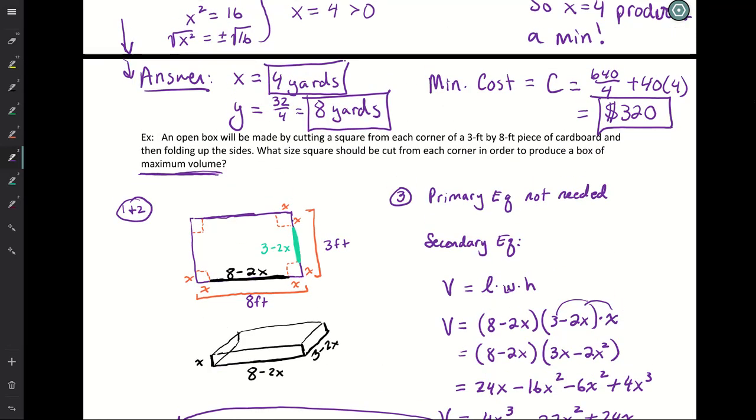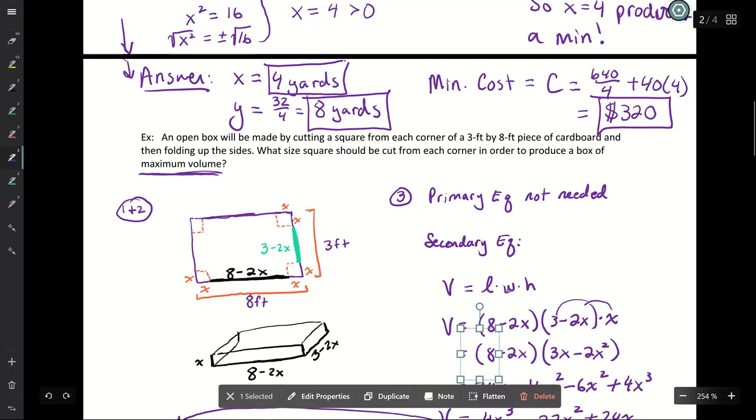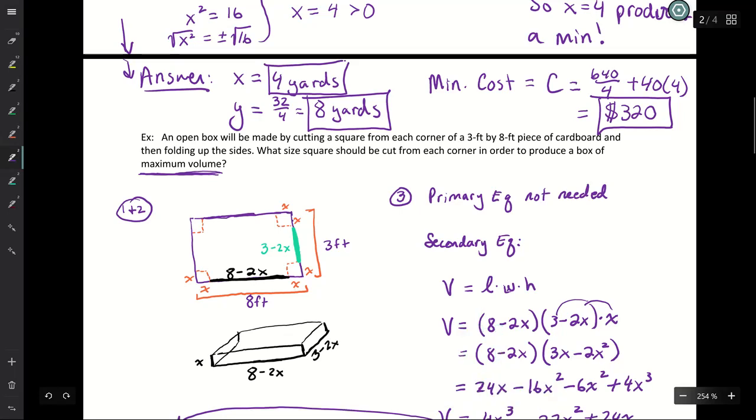The other thing I want to do is look at it off of the 3-foot dimension, so the smaller dimension. We're noticing here that the x's are the corners that are being cut out, and if we're looking at it specifically in reference to that 3-foot section, notice that if we make these x's bigger and bigger, then we'd be encroaching on that 3 feet.